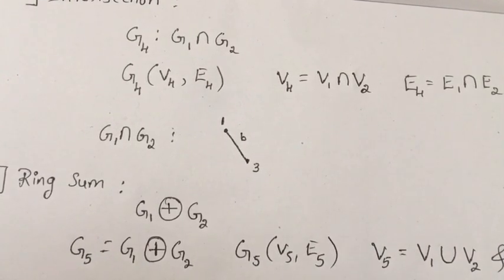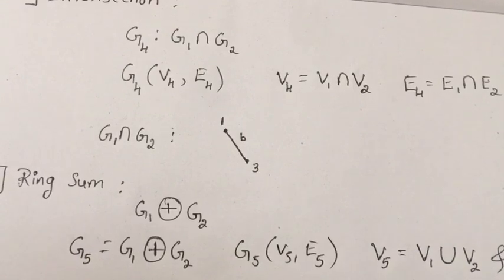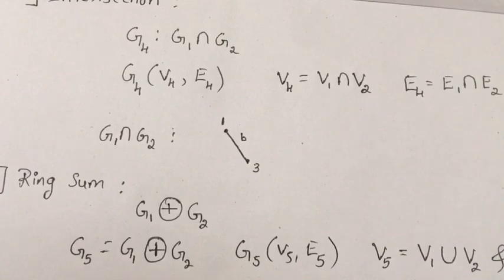This has the edges which are either in G1 or in G2 but not in both.